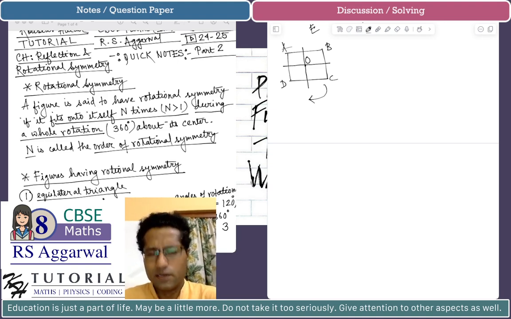So if it fits onto itself while you are rotating the figure, you will rotate the figure maximum by 360 degrees.